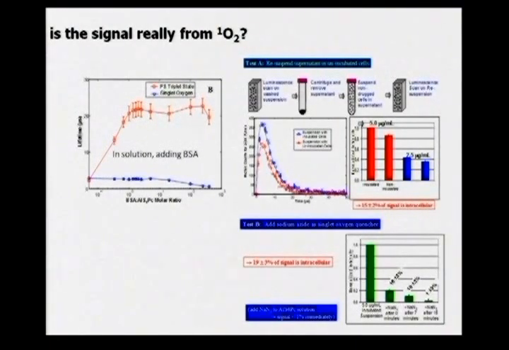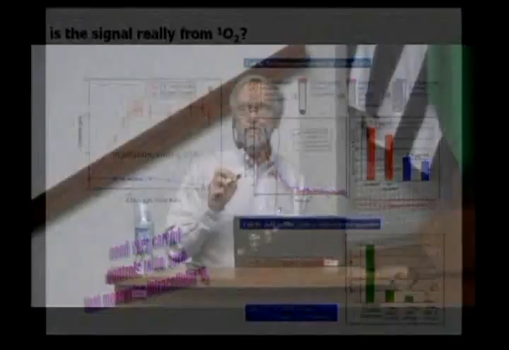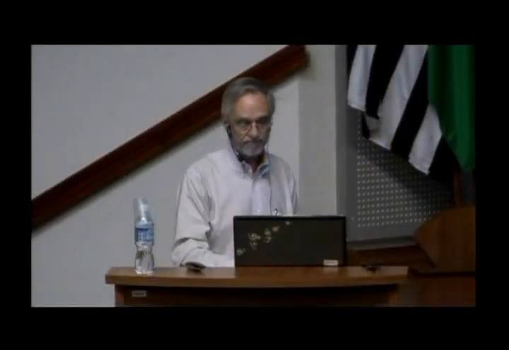It's pretty difficult to think of another reason why this would behave like this. But the important point is that if you're going to do this type of measurement, you need to be very careful about the control studies that you do. It's easy to get a signal, it's very difficult to get the correct signal. Does the biological response really correlate with this signal?